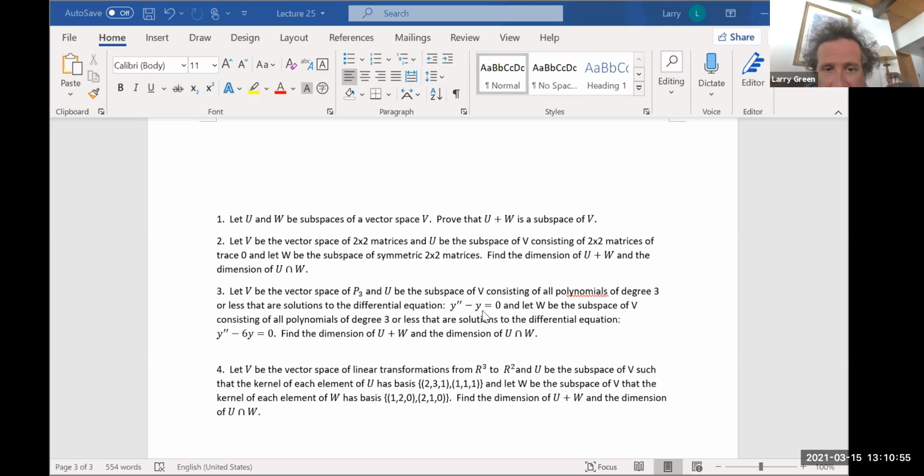Okay, and y double prime minus y equals 0. So again, this involves a little calculus, if you want to do it with calculus. Do you remember how to do it? It's been a while since you actually did any calculus, but this is a nice review. This is to get you ready for next quarter, by the way.